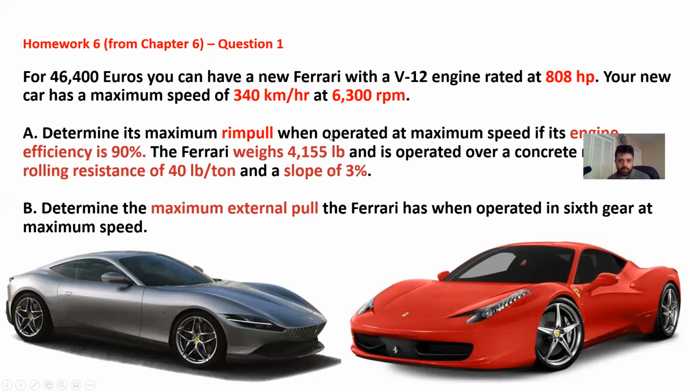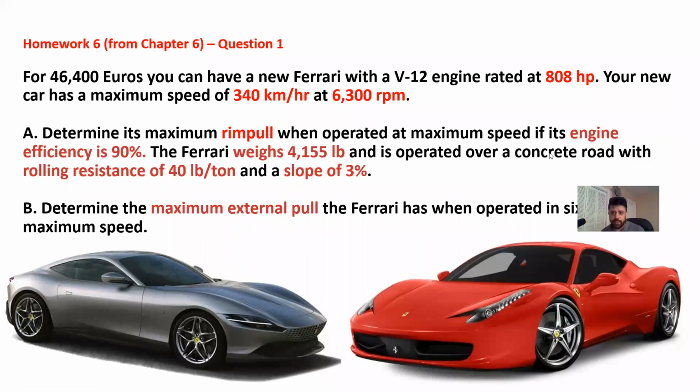Determine its maximum rim pull when operated at a maximum speed with an engine efficiency of 90%. So the machine, when it is at its maximum speed, is using 90% of the engine capacity.